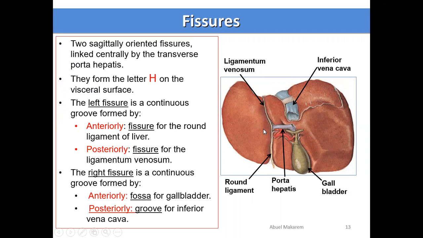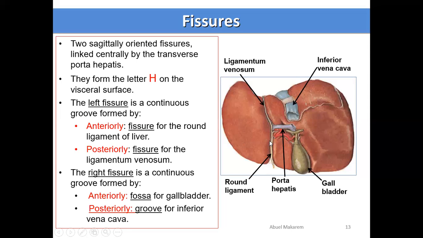Okay, which are those? The left fissure is a continuous groove formed anteriorly by the fissure of the round ligament of the liver. If you see here, this is the round ligament of the liver, and posteriorly it continues as the fissure of the ligamentum venosum.